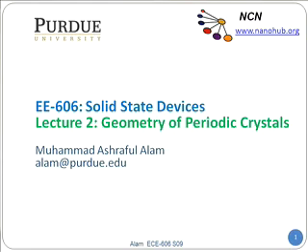Lecture 2 is a continuation of the discussion about crystals and periodic lattices. As you remember, I mentioned that the materials of interest in the semiconductor industry do not only include crystalline material.